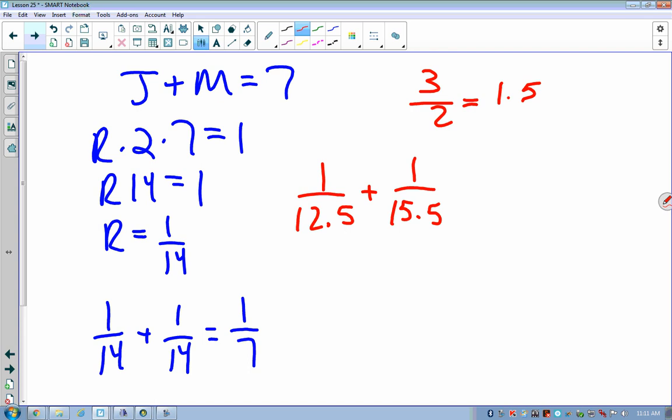Now the actual answer comes out to something like 12.7 and 15.7, but I would take this. Okay? Does that make sense? Not my favorite question, but all right.